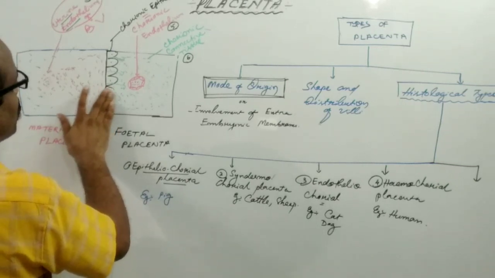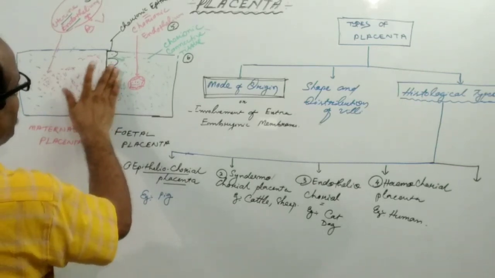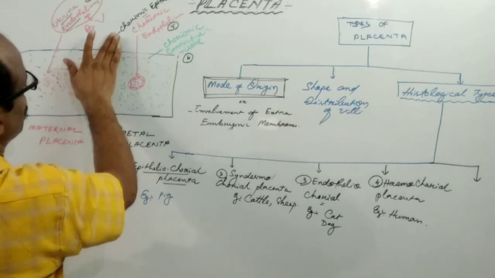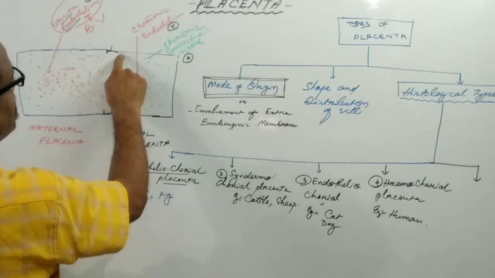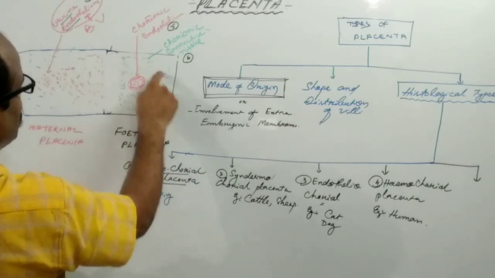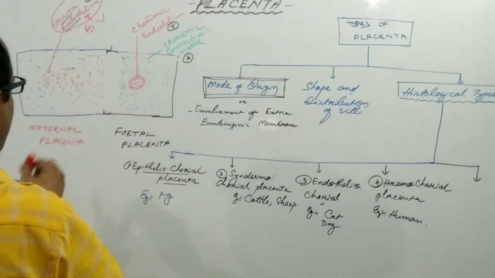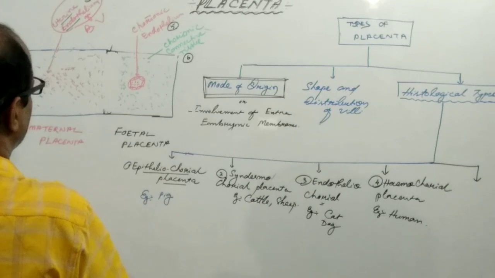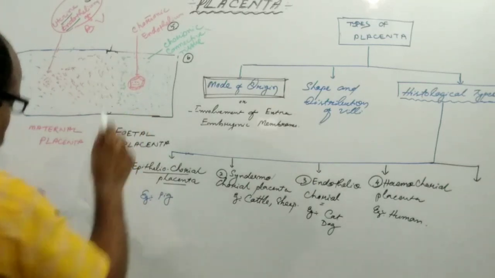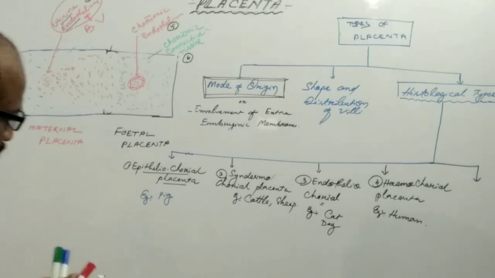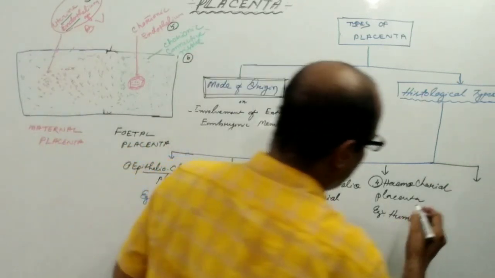This is the chorionic epithelium. It may break down. So what happened? Now the blood directly comes in contact with the connective tissue of the chorion, and this type of placenta is known as the hemoendothelial placenta.